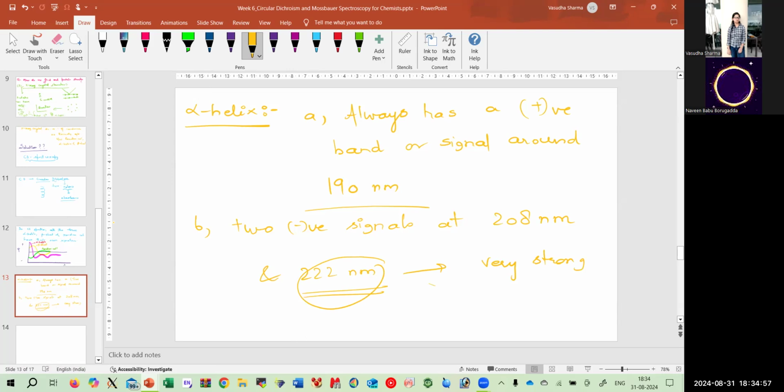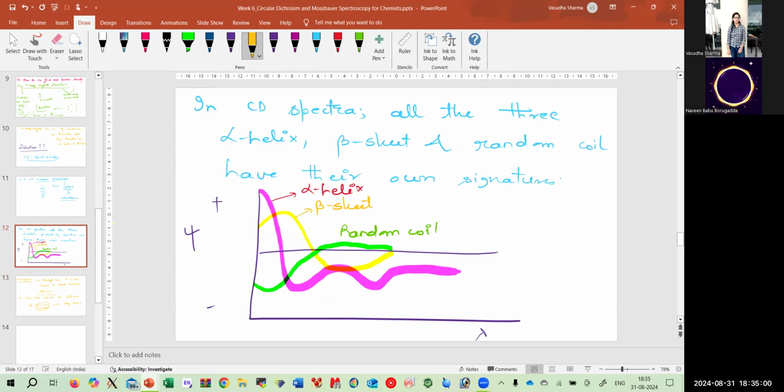So if it has one band at 190, another band at 208, and another at 222 nanometer, that is called your alpha helix.